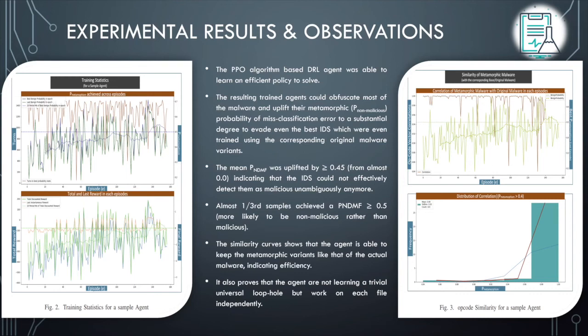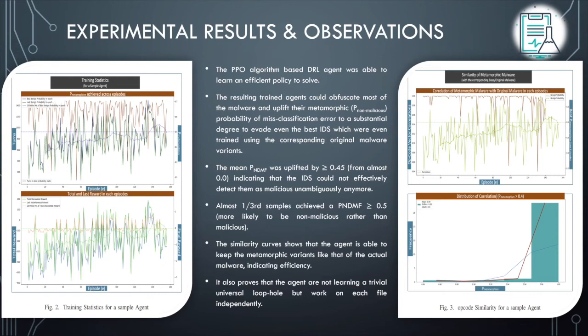The end-to-end architecture, not just the classifier, but also a preprocessor and everything embedded inside the environment, ensures that most of the files, more than 90%, already reach a probability of non-malicious detection, and that is why any uplift from here is considered a probability of a non-detectable metamorphic file.